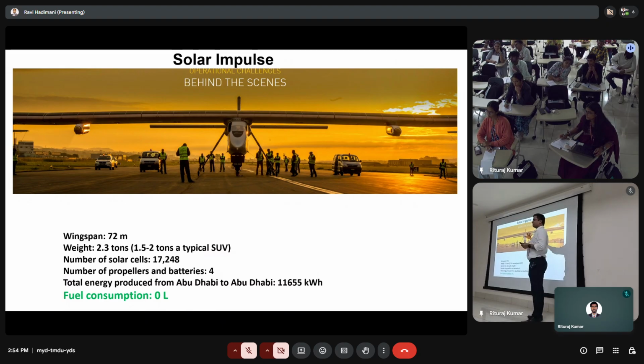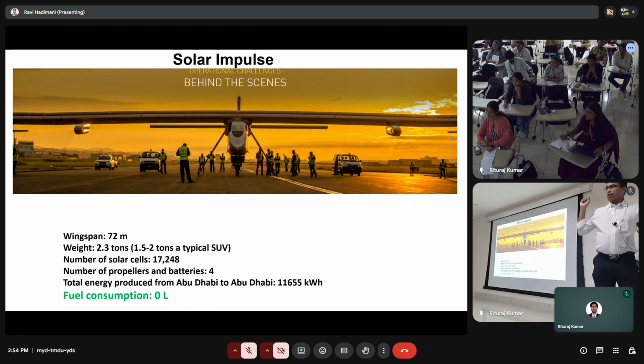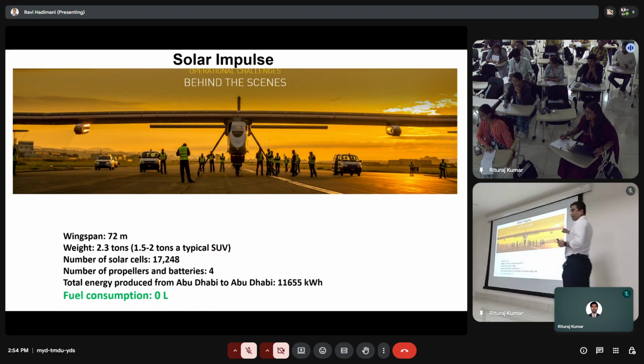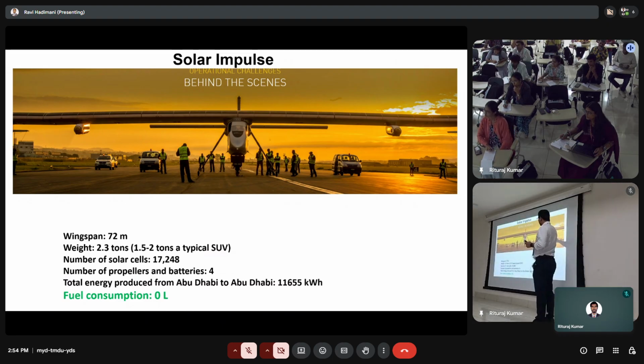Yeah, I wouldn't say 100% because solar cells can't be composite. It doesn't have any fuel inside. It only has a battery and solar panels.